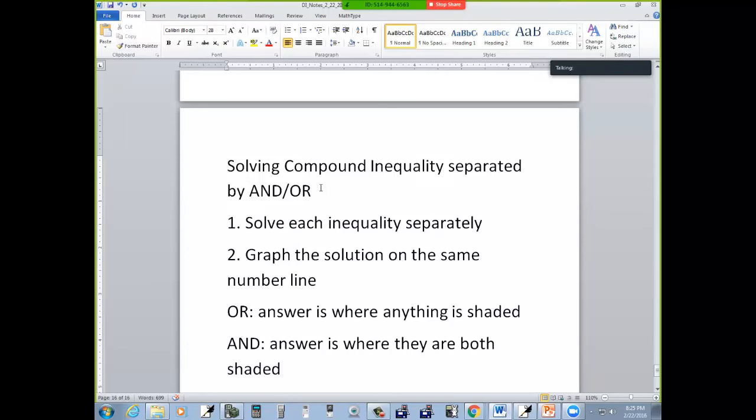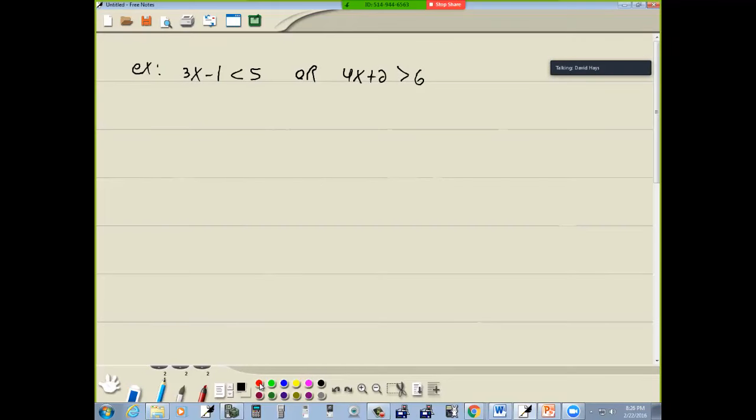Okay. Step 1. Solve each inequality separately. So in this one, this is just a linear inequality, so we use our same steps we did before. Get rid of parentheses, don't have any. Get rid of fractions, don't have any. Get everything with an x on the left side, numbers on the right side. So I'll take that -1 over. You take anything across your inequality symbol, the sign changes, so -1 becomes a +1.